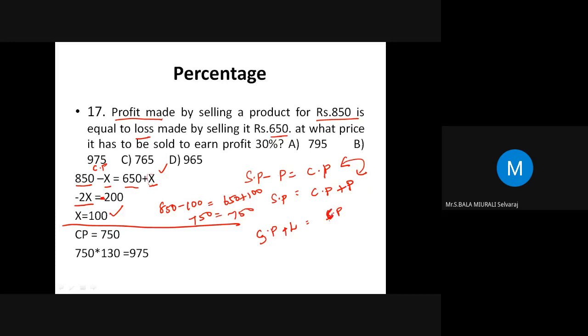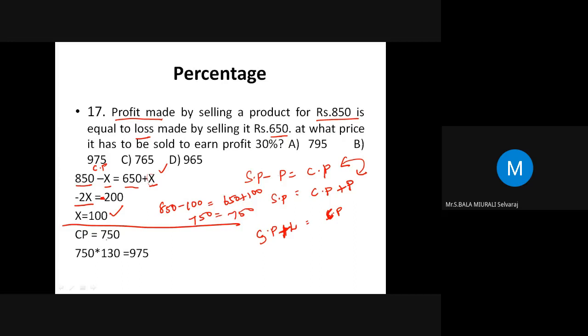Understood? Yes. Selling price plus loss equal to cost price. Selling price minus profit equal to cost price. See, it is not a technical subject topic. Any business class can easily understand.